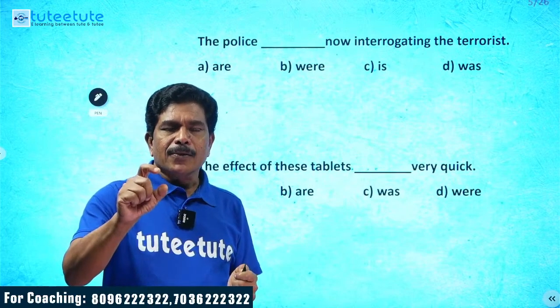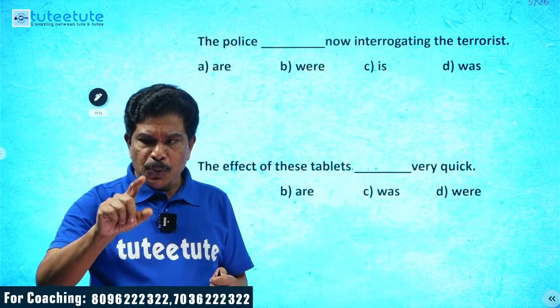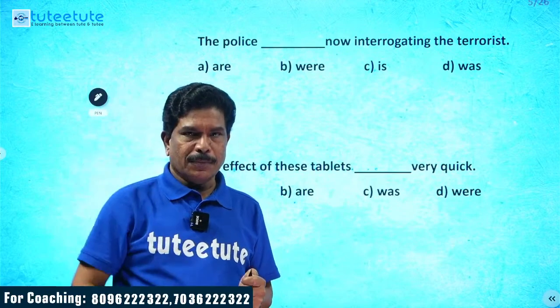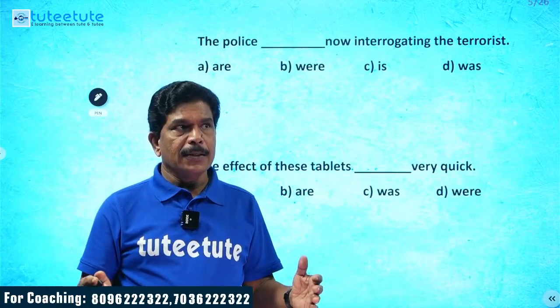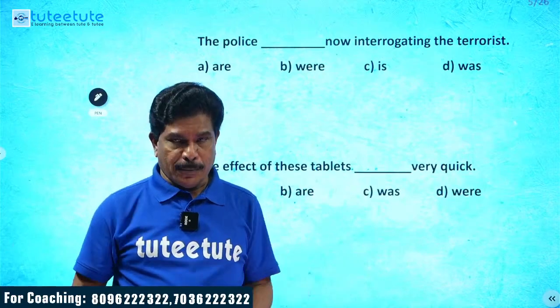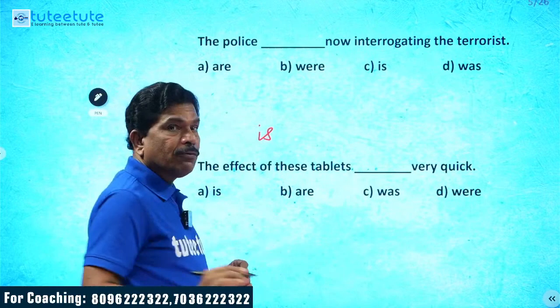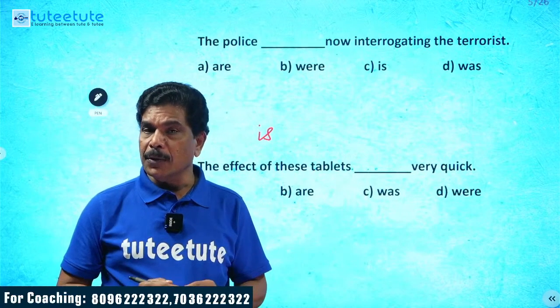On a close analysis, it is clear police can be used to mean the unit as a single unit. It is a system. Then we say police is essential for law and order, for maintaining law and order.